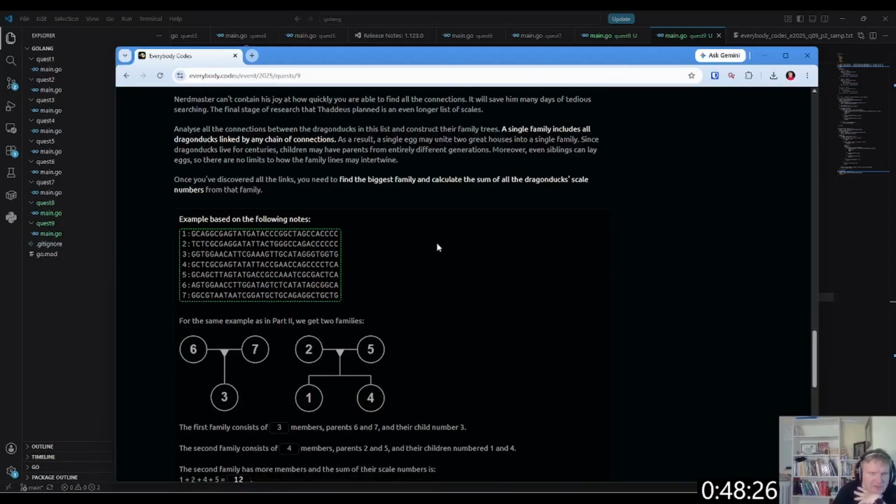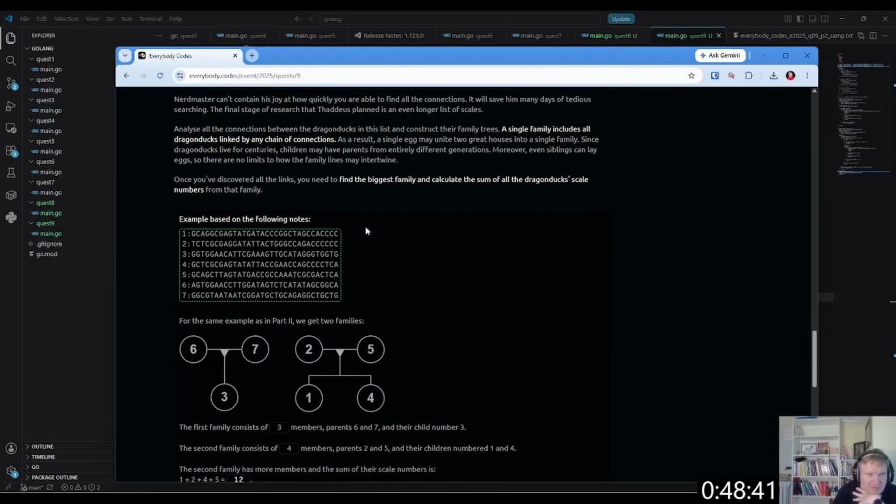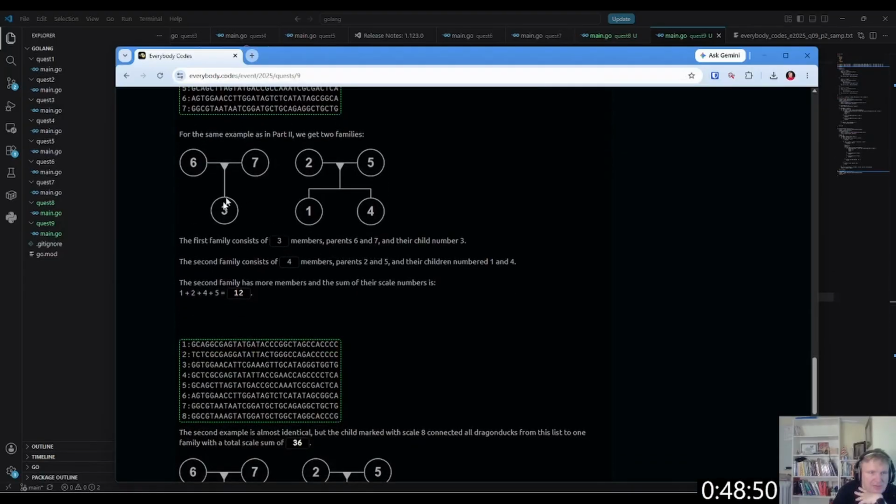Any chain of connections. Children may have parents from entirely different generations. Moreover, even siblings can lay eggs. No limit to how the family joins. Biggest family. Okay.